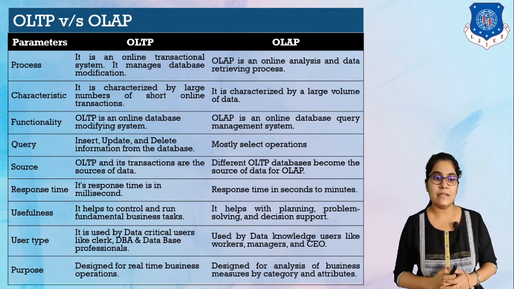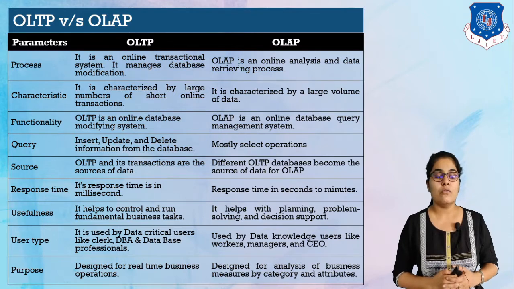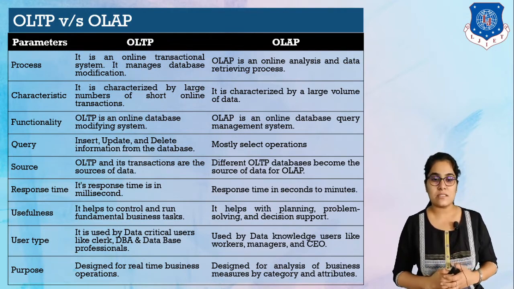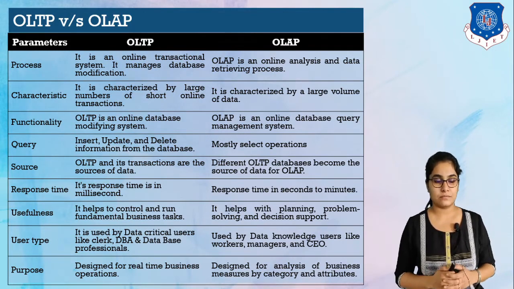Here the table contains the difference between OLTP and OLAP. OLTP is an online transactional system which manages database modification. On the other hand, OLAP is an online analysis and data retrieving process. OLTP is characterized by a large number of short online transactions, whereas OLAP is characterized by a large amount of data.